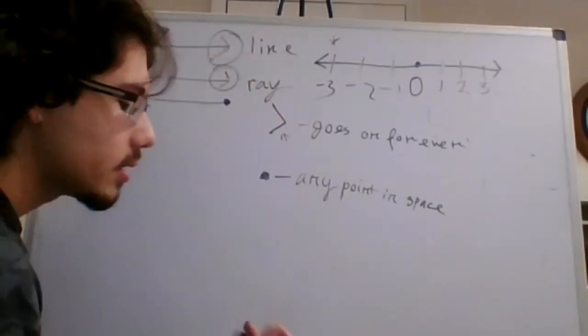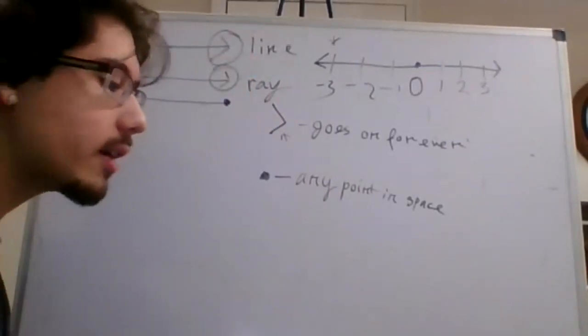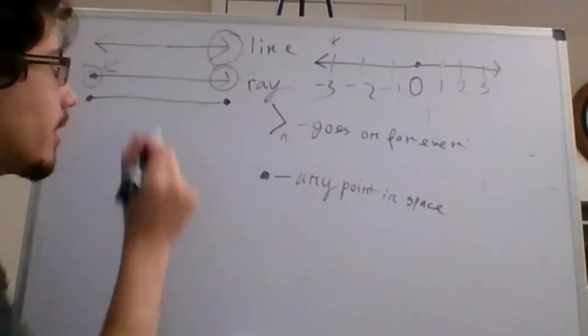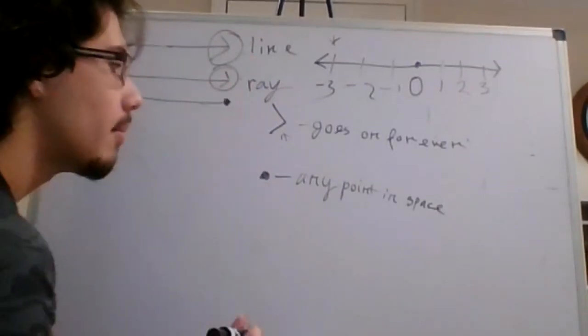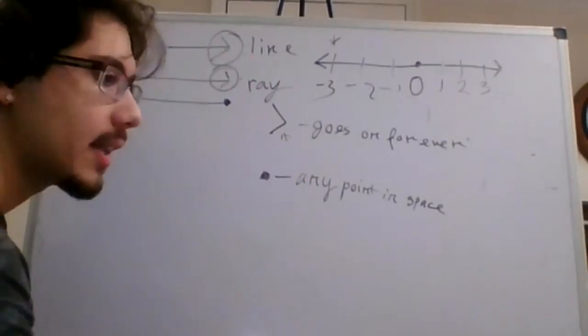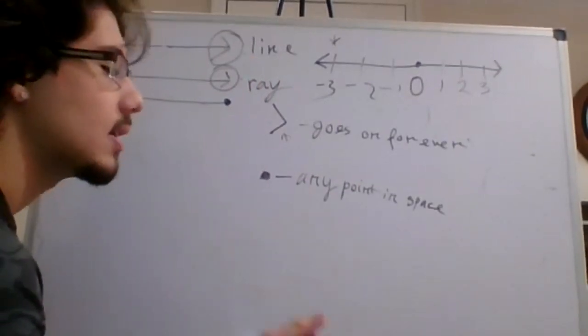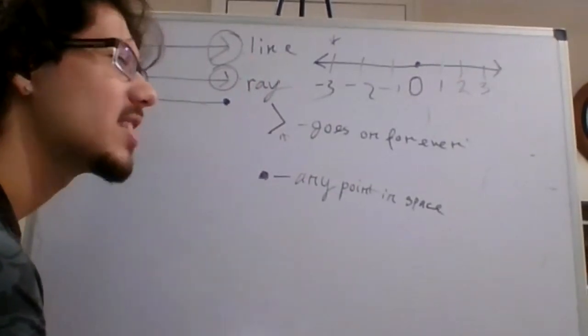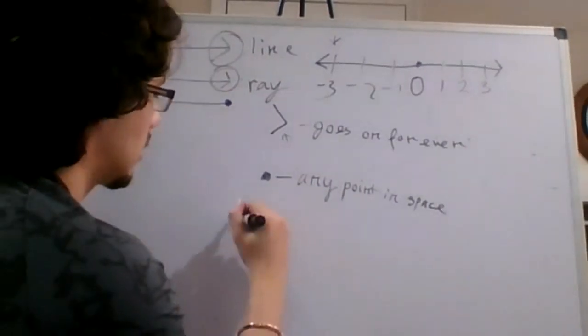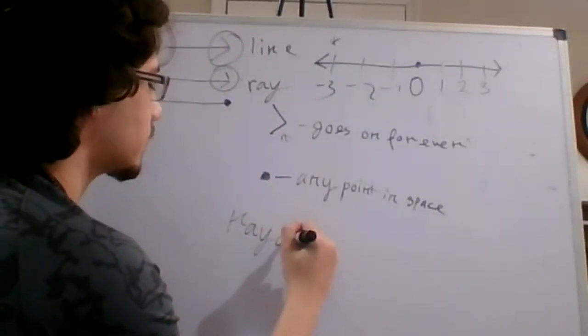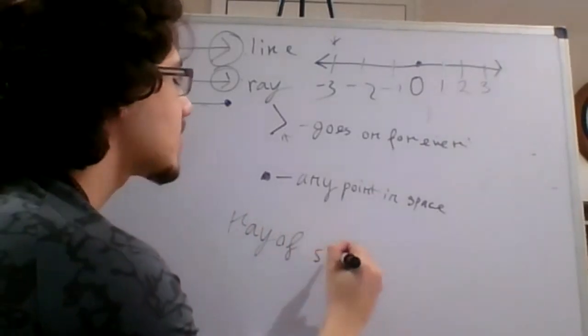If you want to put this in real terms, this is where the term ray of light or ray of sunshine, ray of sunlight, comes from.